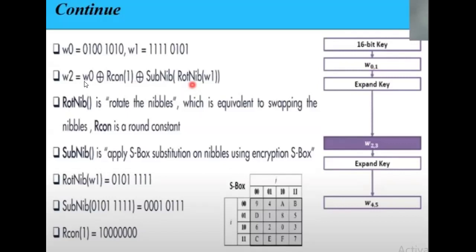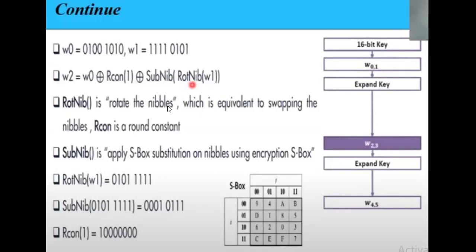W2's equation is W2 equals W0 XOR with R, where R stands for round constant. This constant has been defined by the algorithm itself. So round constant 1 XOR with substitute nibble, then rotate nibble W1. Don't worry, we will try to understand these functions. Four bits together is called a nibble.